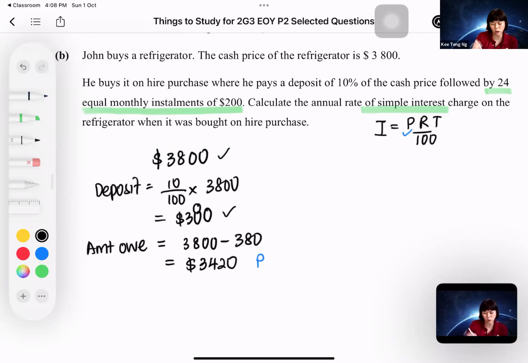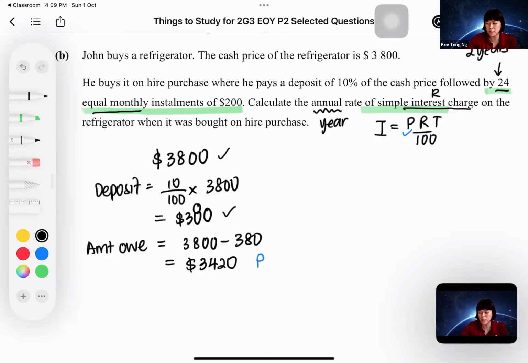Then next one, PRT. I need to find the rate of interest, the simple interest rate that I do not know. That would be R, but it says it's annual, so it's by years. And how many years have I paid? Remember, I have 24 monthly installments, so 24 months will equal 2 years.